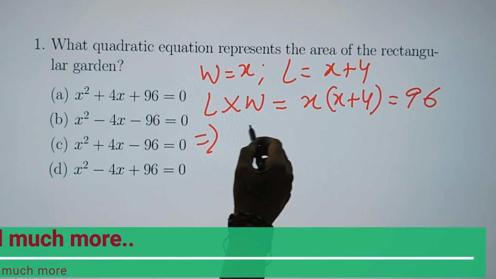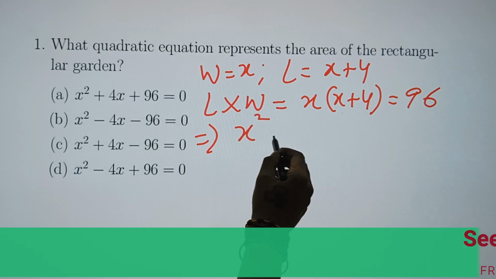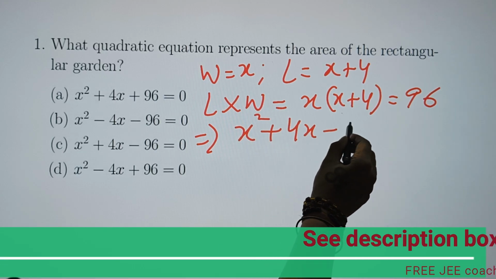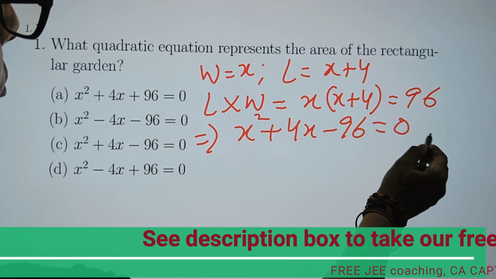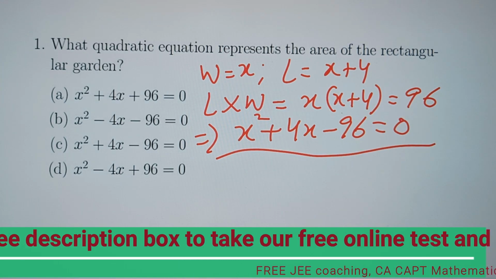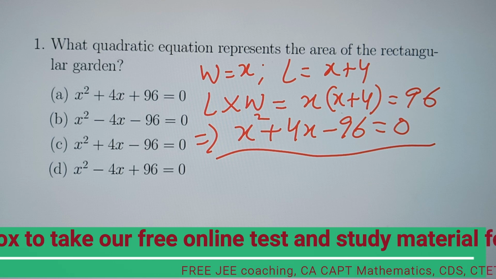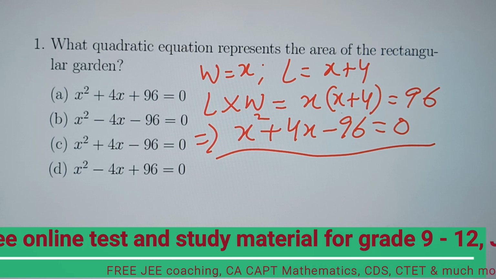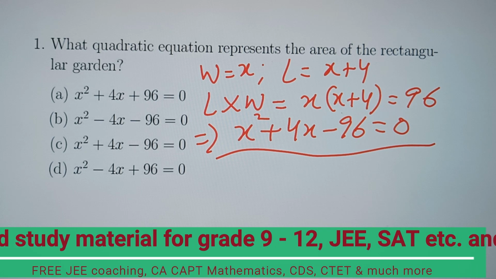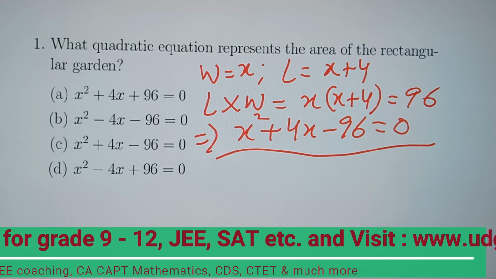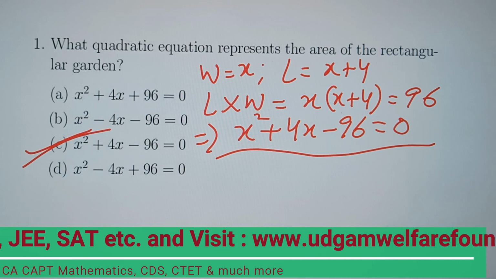Hence we can expand this: x into x is x square plus 4x, and minus 96 equal to 0. So this is our required quadratic equation for this particular case study. Now if we match our options, then we can easily find that option C is the correct answer here.